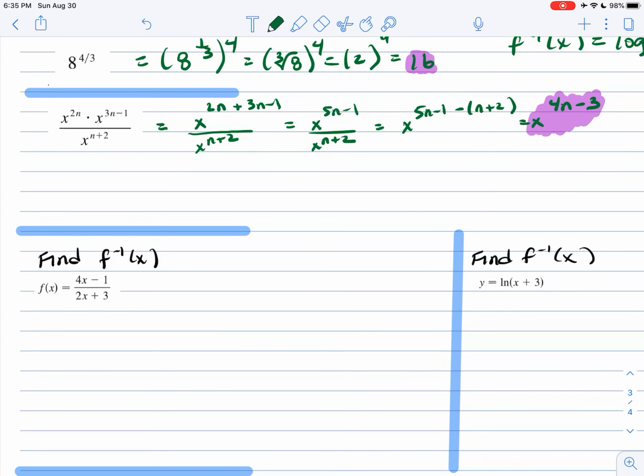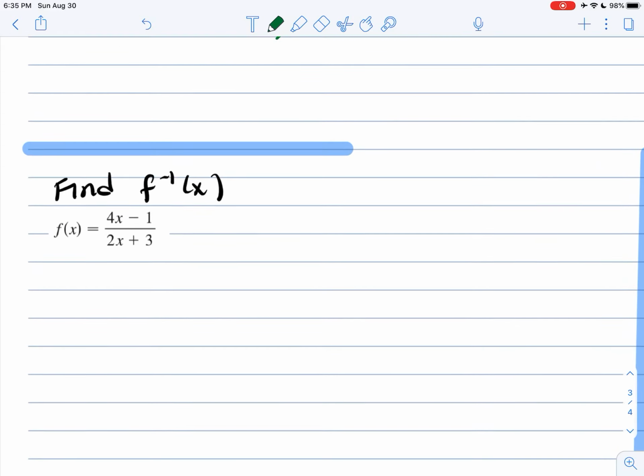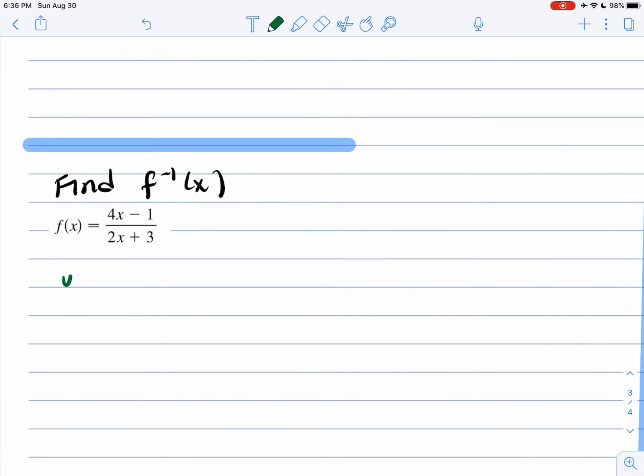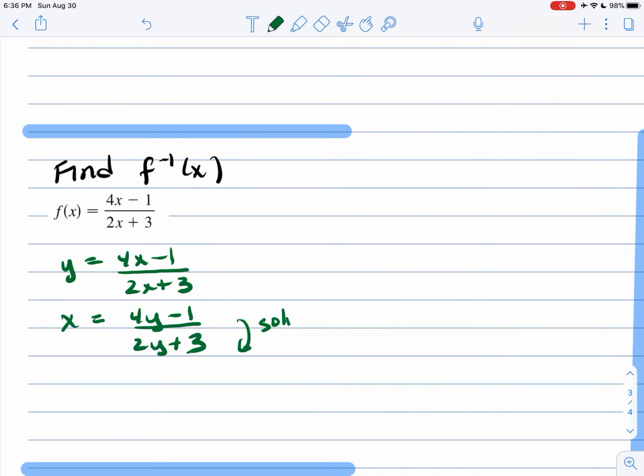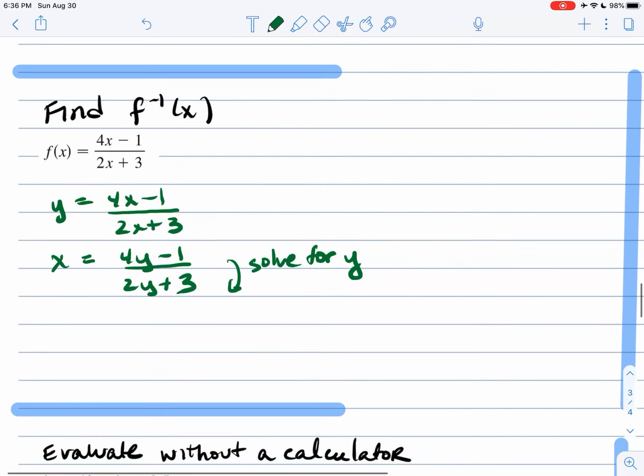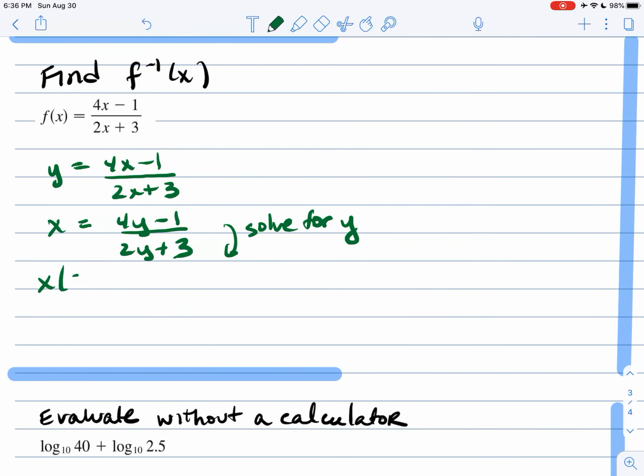Down here, just following the steps of taking the inverse. First I'm going to replace f of x with y. I tend to like to swap spots, so I'm going to swap. I'm going to do step 3 first, and I'm going to say that x is equal to 4y minus 1 over 2y plus 3. And now I'm going to solve for y. When I solve for y, I get x times 2y plus 3 equal to 4y minus 1.